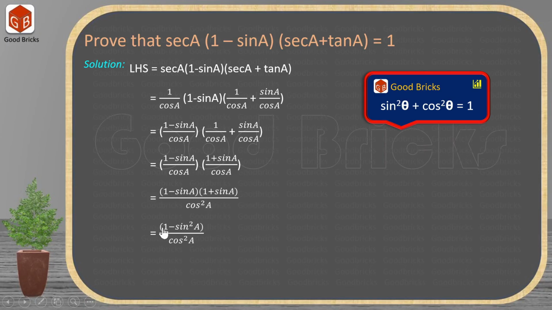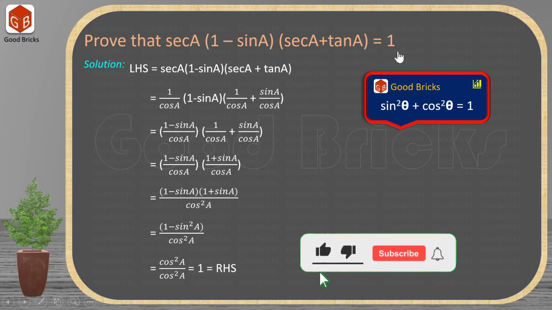So as per that 1 minus sin square A, we can write this numerator. Now using this trigonometric identity, you can write cos square theta is equals to 1 minus sin square theta. So here we have 1 minus sin square a. We can write it as cos square a. Now cos square a by cos square a is equal to 1, and that is what they asked us to prove in the right hand side.